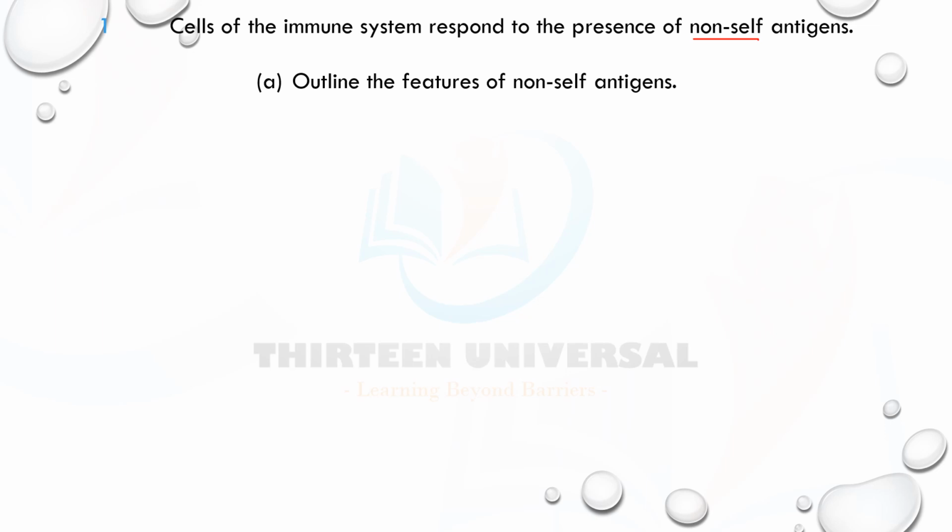The features include, for the fact that it's non-self, that means they are not body antigens. They are antigens found on pathogens or infected body cells. Usually they stimulate an immune response. Don't forget that antigens are macromolecules found on the surface of cells, but this is non-self, so it's found on the surface of pathogens or infected body cells.